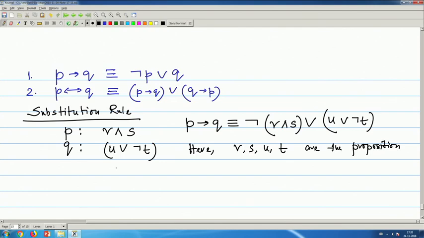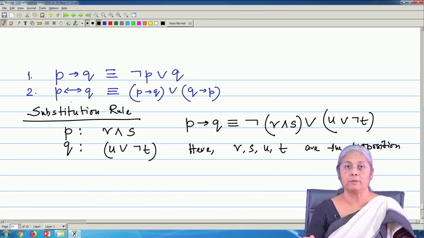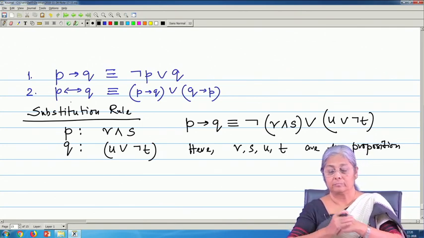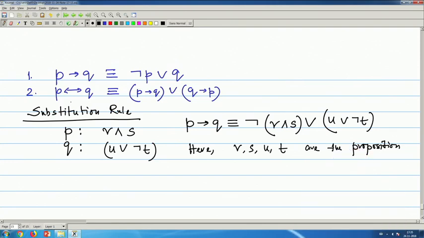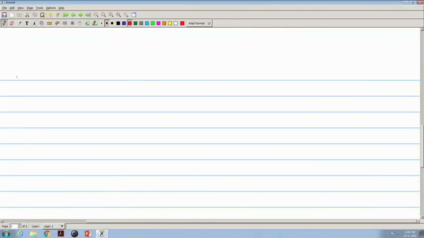In this way we can similarly apply the equivalence of the biconditional proposition also, evaluate and simplify compound propositions, and check whether two propositions are equivalent or not. Now we give an example of how the laws of logic can be applied to simplify a compound proposition.